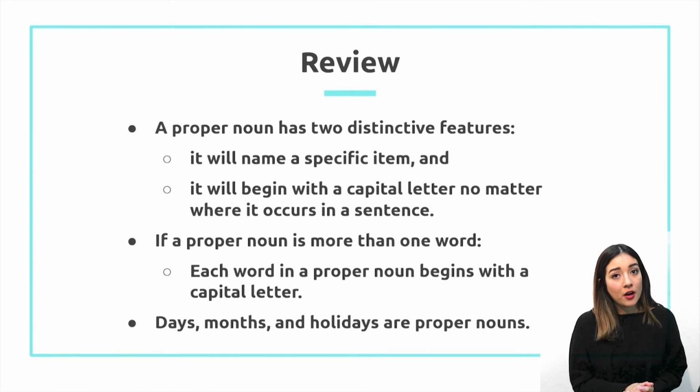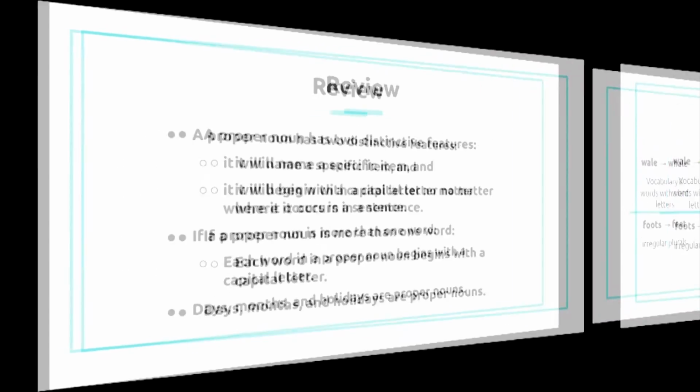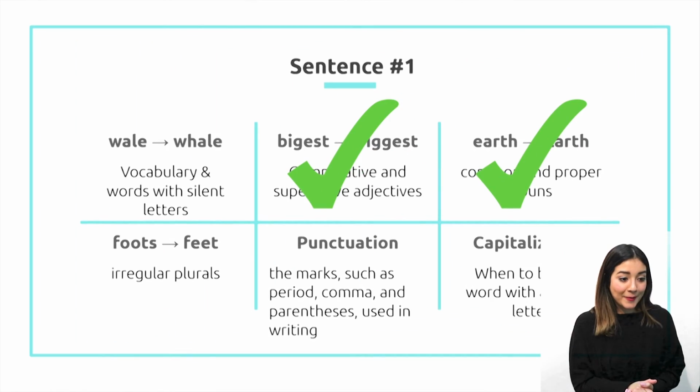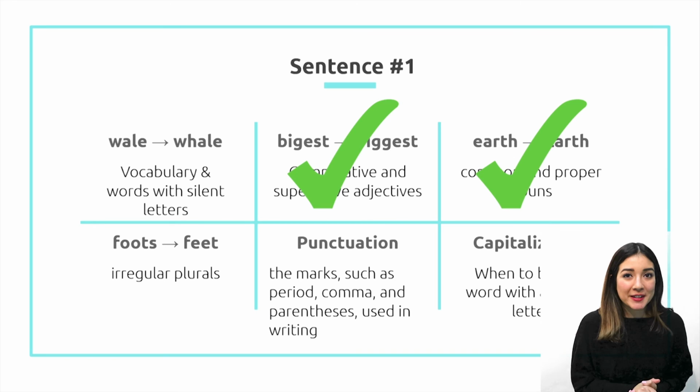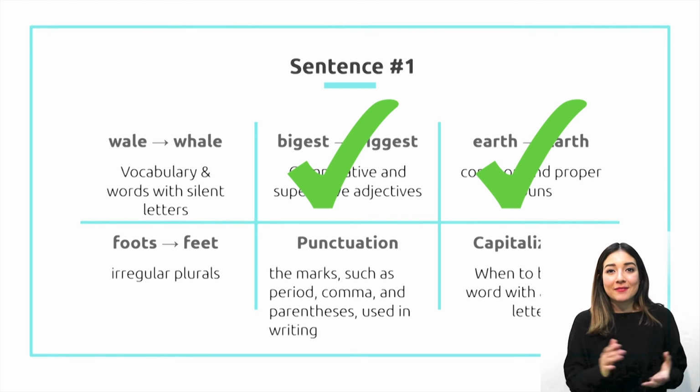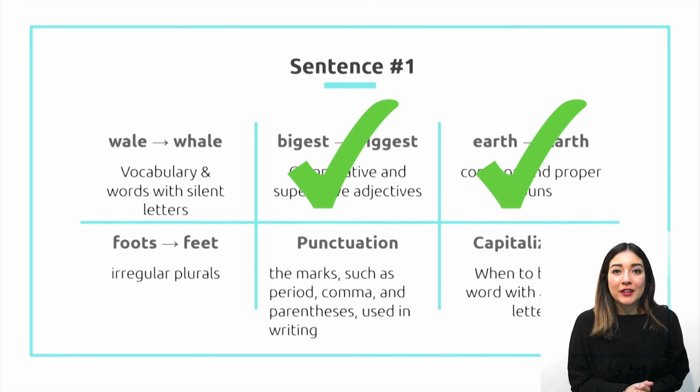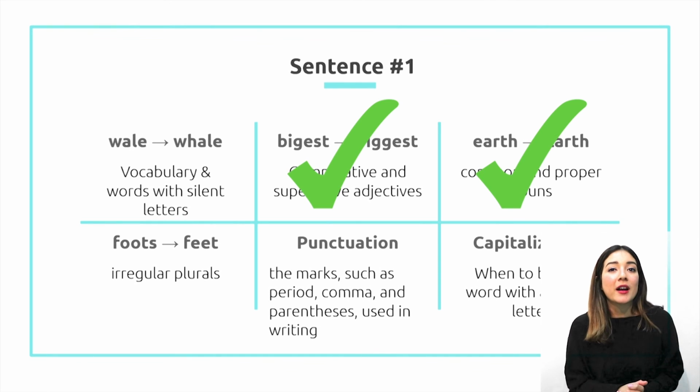Days, months, and holidays are all proper nouns and require the first letter to be capitalized. Okay, we could check off our third point in our grammatical error box. So now we have learned about common and proper nouns, we're able to really understand why earth was misspelled, and it requires a capital letter at the start of the word.